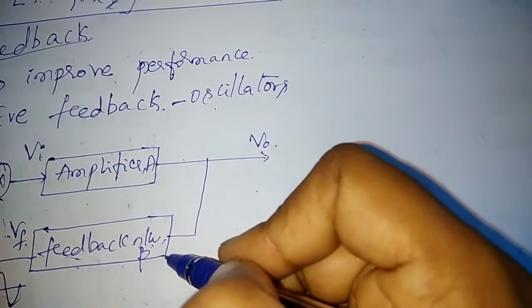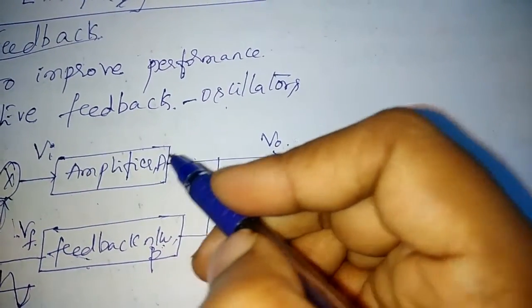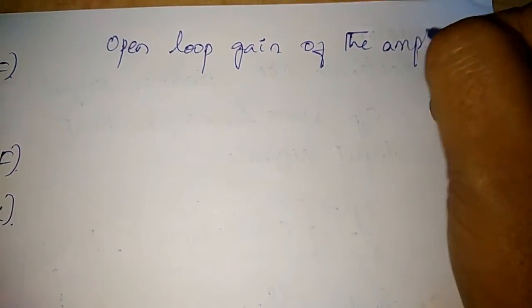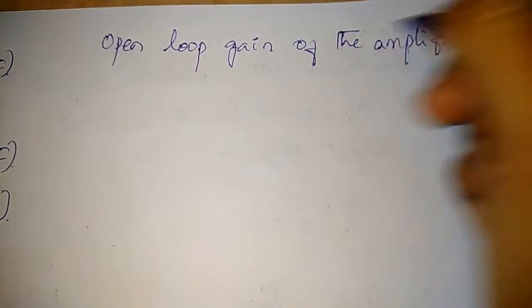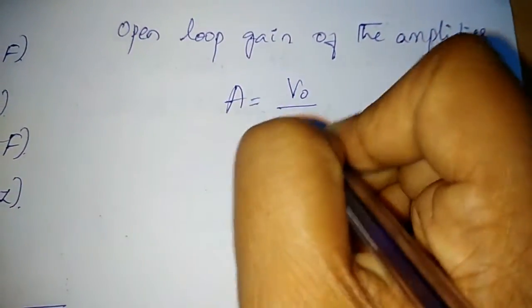Then I can write the gain of the amplifier, which is equal to V0 by Vi, that is the open loop gain. It's the same thing we had considered while deriving the expression for the amplifier. Open loop gain of the amplifier is given by A equal to V0 divided by Vi.